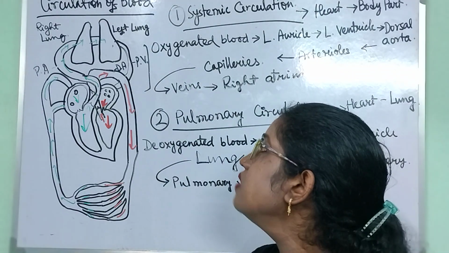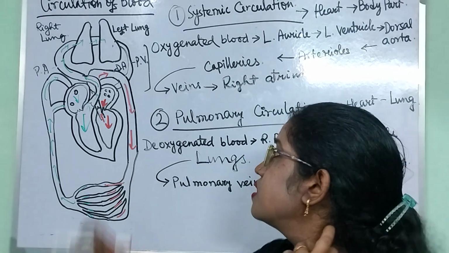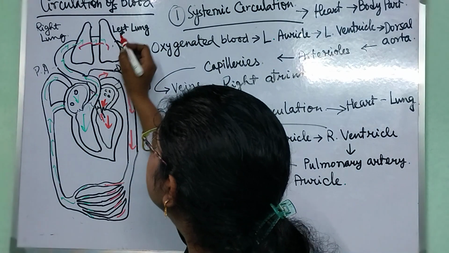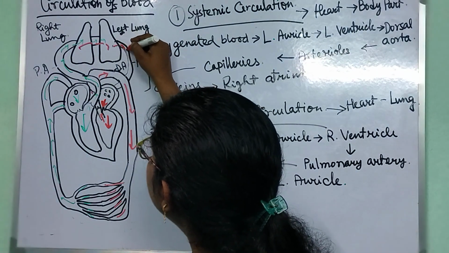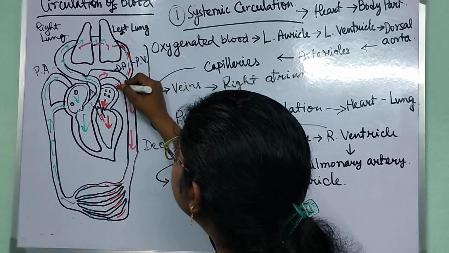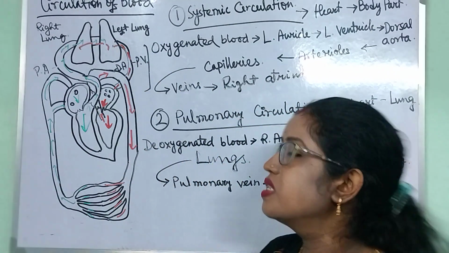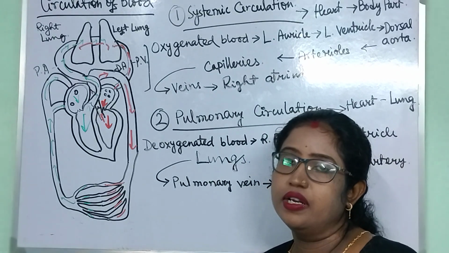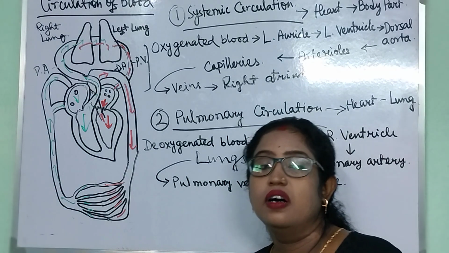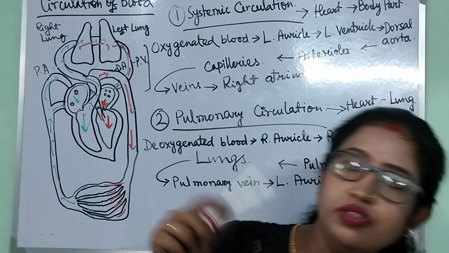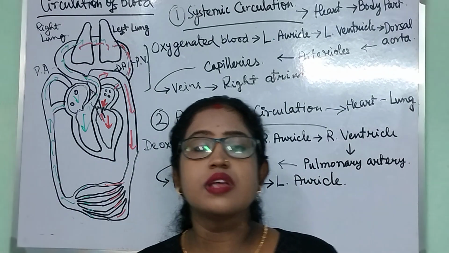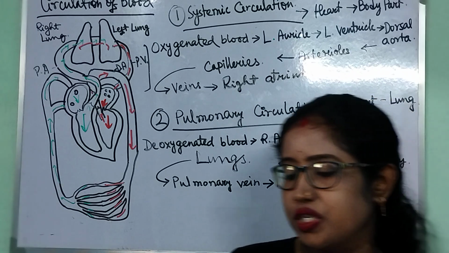In the lungs the blood gets oxygenated, and the oxygenated blood then enters into the pulmonary vein, and the pulmonary vein drains its oxygenated blood into the left auricle, and again the cycle occurs. So this is one full circulation process. This is known as double circulation.